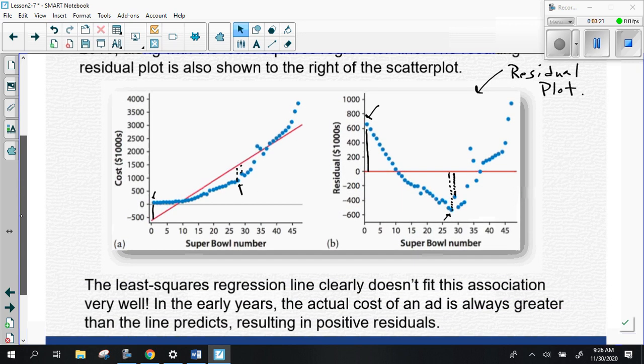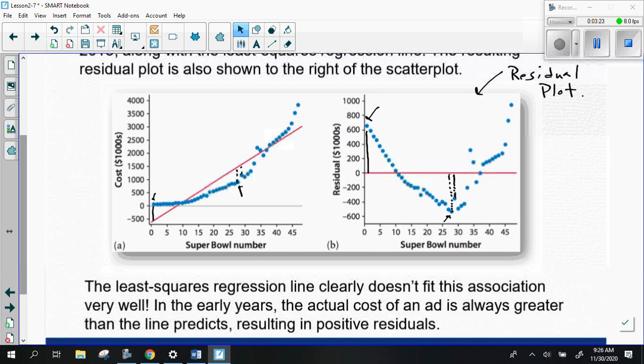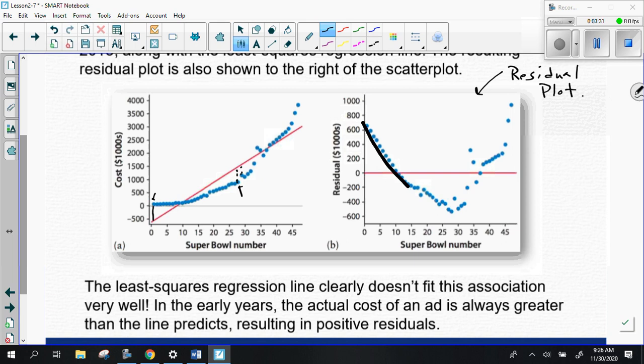We're going to notice that this residual plot has a pattern. You'll see that it follows almost like a quadratic looking pattern. That's what we're looking out for.